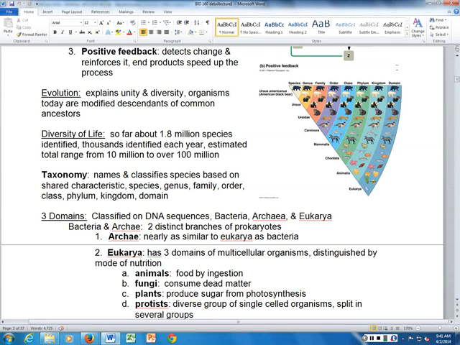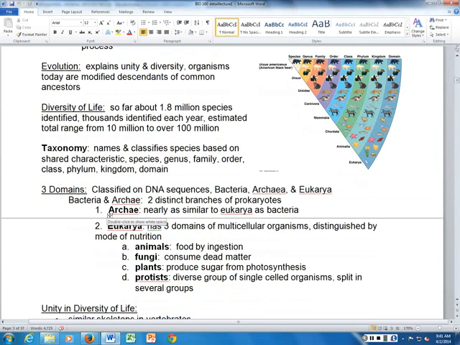It's a very broad generalization. As you become more specific with the descriptions, it moves down to kingdoms, then phylums, class, order, family, genus, and species. By the time you get to species, those are all going to be very similar.